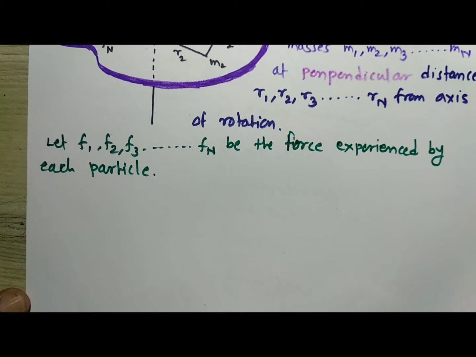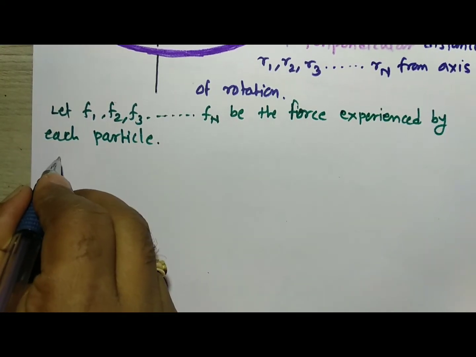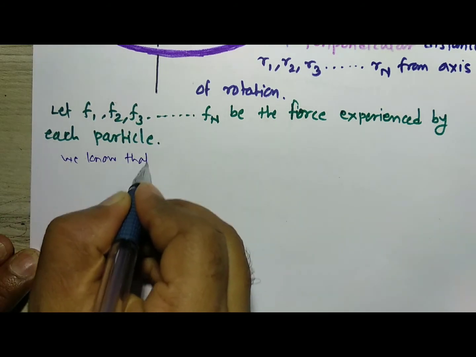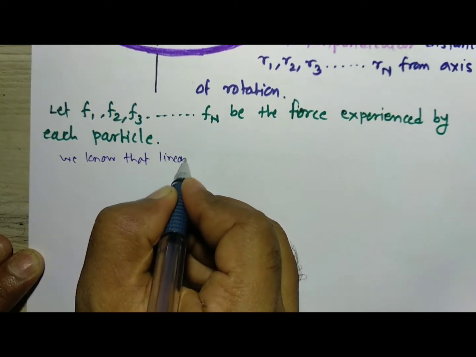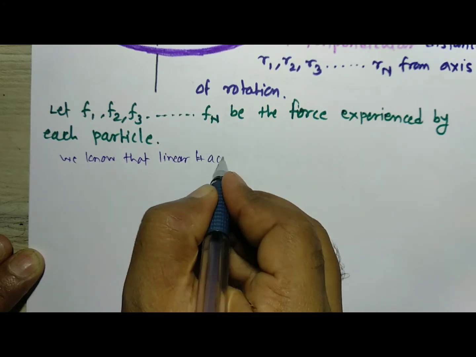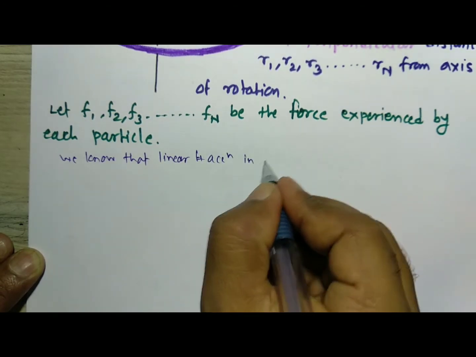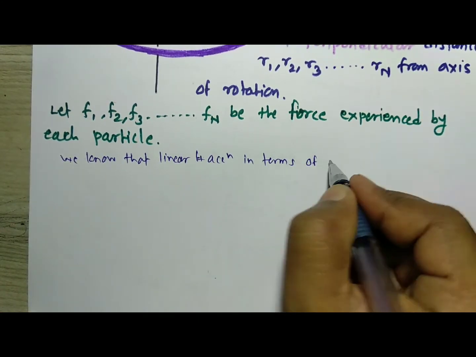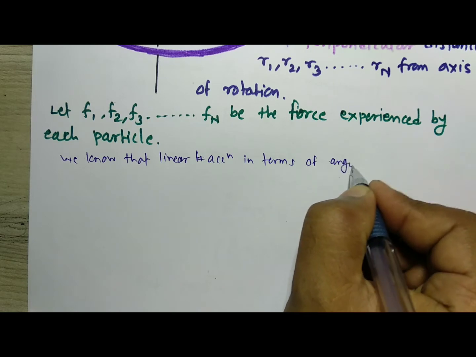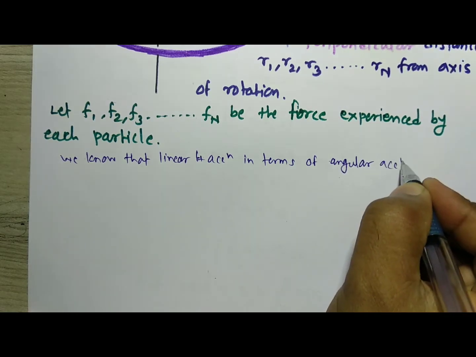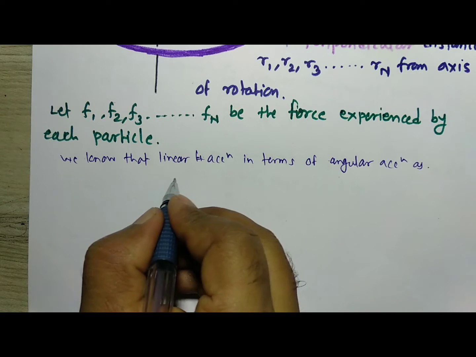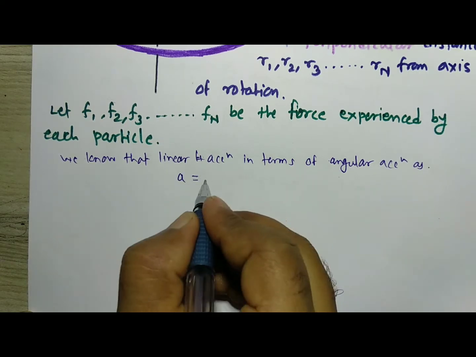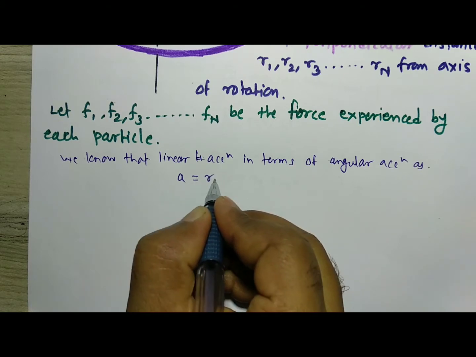We know that the linear acceleration in terms of angular acceleration: linear acceleration is denoted by a and angular acceleration is alpha, and a is nothing but r into alpha.